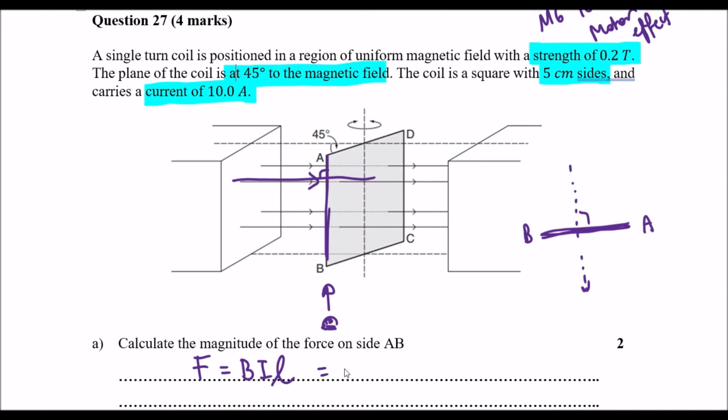And for BIL, B is the strength, which is 0.2, I is the current, which is 10, and L is our length, which says 5 centimeters. That needs to be converted into meters. That's our SI units. And so 5 centimeters is the equivalent of 5 times 10 to the power of minus 2 meters.